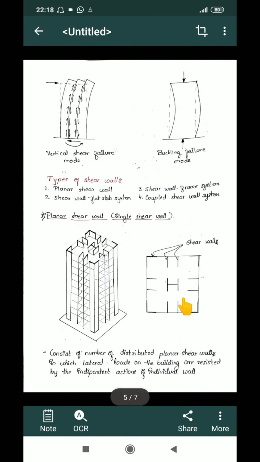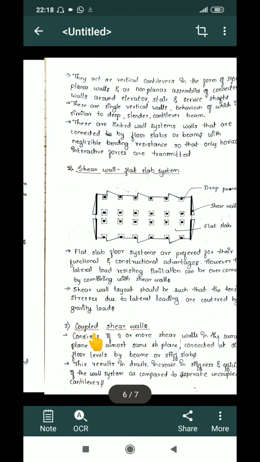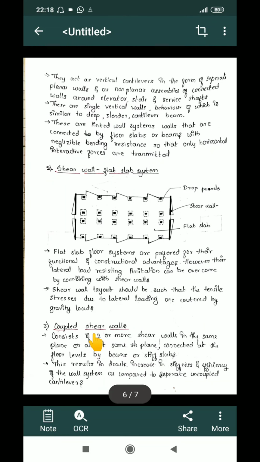Such types of shear walls usually act as a vertical cantilever beam where they may fail by deflection. These are similar to deep beams in cantilever behavior. Then these consist of linked wall systems.